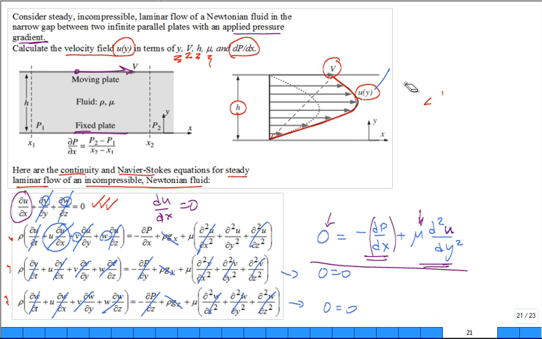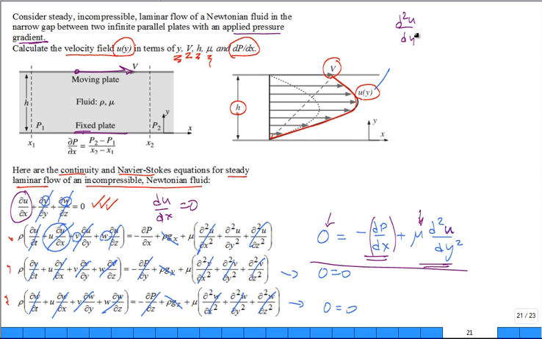You get that the second derivative of u with respect to y squared is equal to 1 over mu dp dx. So we put the dy there, and you have the derivative du dy, and so we integrate, so you have du dy is equal to the integral of this.